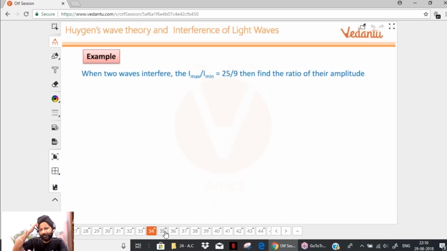Okay, now try this, please. This is the reverse. You know the ratios of maximum and minimum. You have to find the ratios of their amplitudes. Please, everybody, do this. I'm going to give you 3 minutes on this. You have to use exactly the same concept.